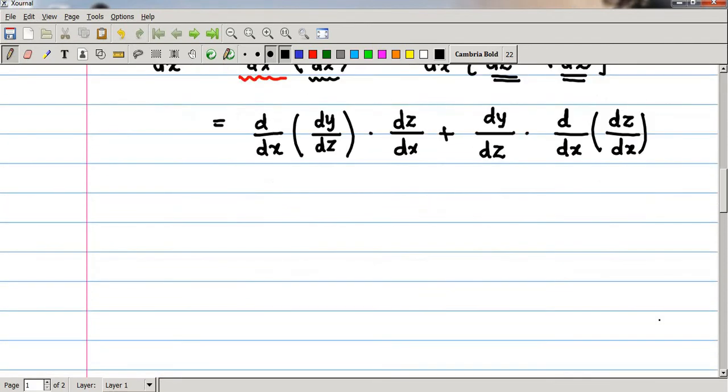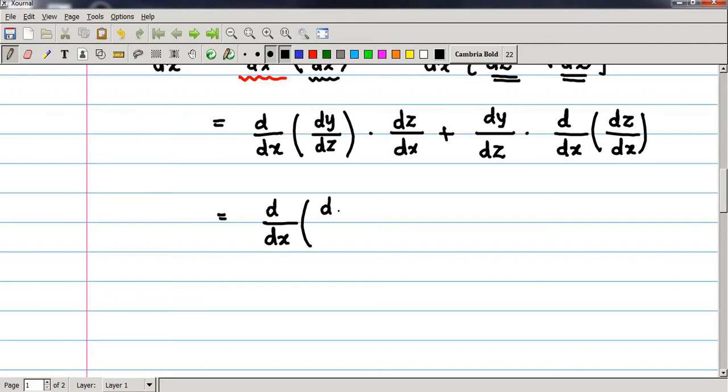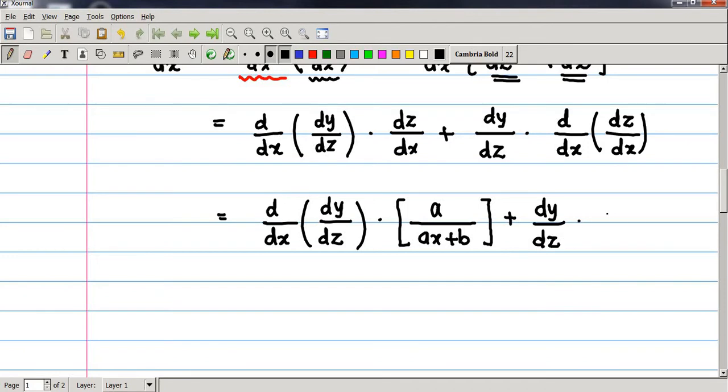Now we substitute the value for dz by dx. So it is equal to d by dx of dy by dz into this value, a upon ax plus b. Same is the case with the second term, dy by dz into the derivative with respect to x of a upon ax plus b.